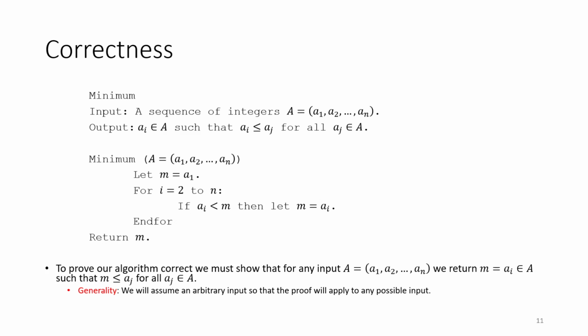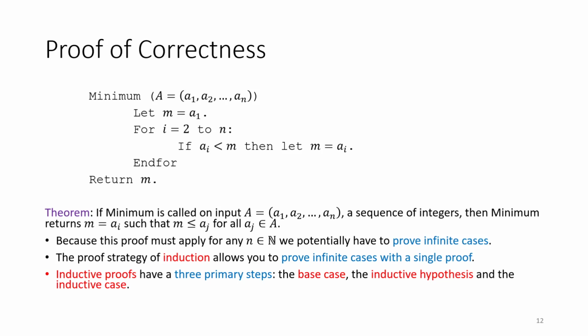Okay, so again, all we've done here with this minimum problem and minimum algorithm is try and highlight for ourselves what proposition it is that we need to prove if we want to prove our algorithm correct. And it's this one here we've decided, which really is just a way of taking the input and the output here and translating it into a proposition. Okay, so I've done that here.